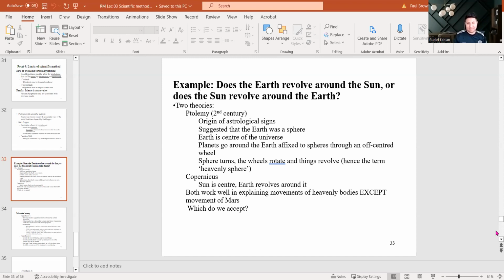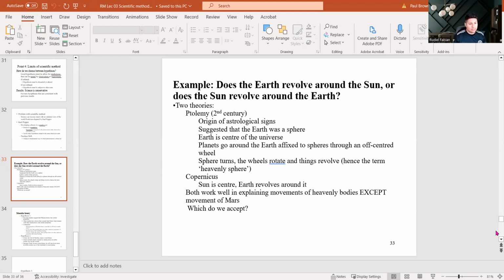And God created all the animals on the earth for man to use. And so therefore, everything revolves around humans, right? Around men, including the sky. And so why would the earth just be one little thing going around a sun? Why wouldn't everything revolve around us as humans? So that was the paradigm.